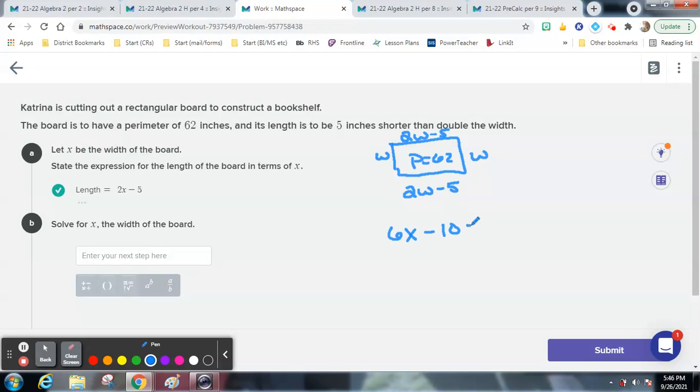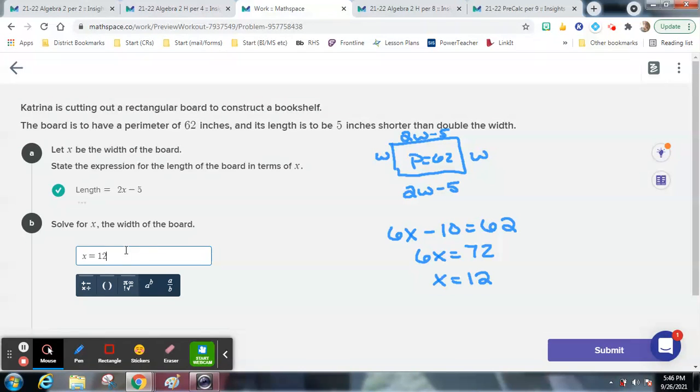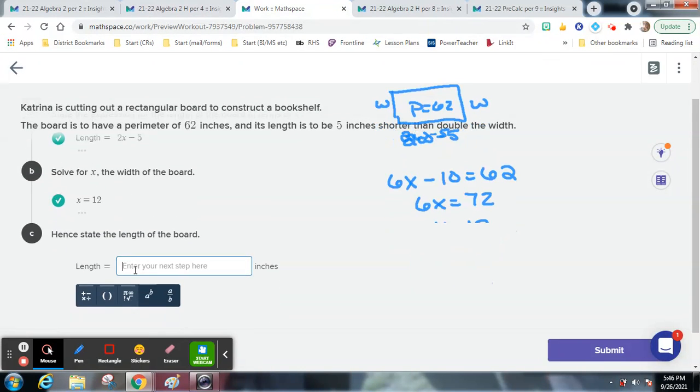Minus 10 has to equal 62. Okay, add that. 72, x equals 12. Width, plug it back in. Well, 2 times the width. So 2 times 12 is 24, minus 5 is 19, is my length.